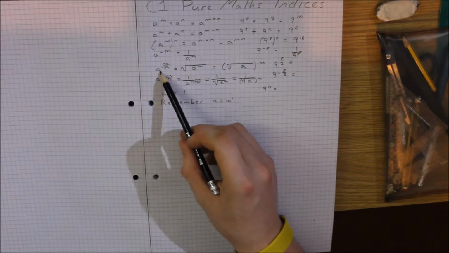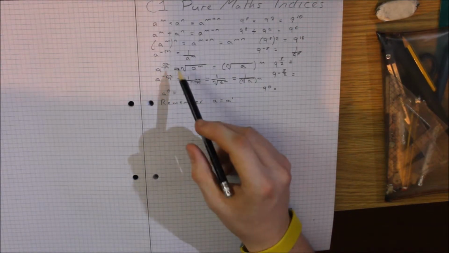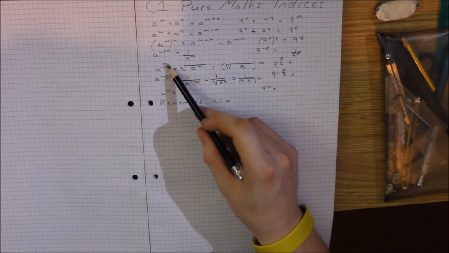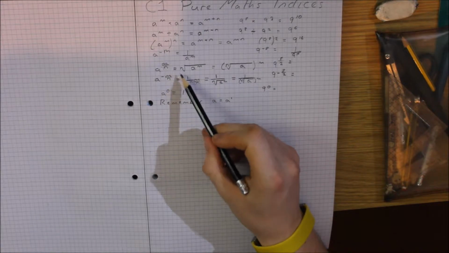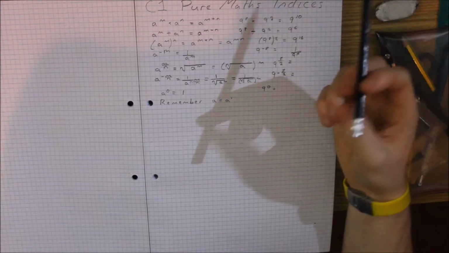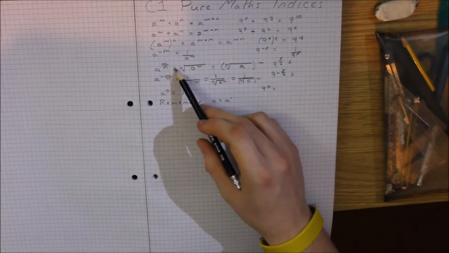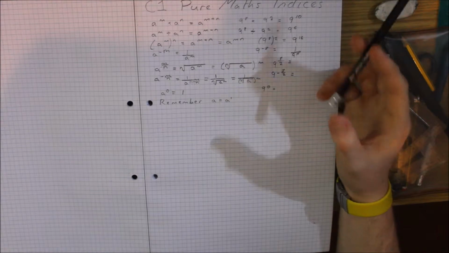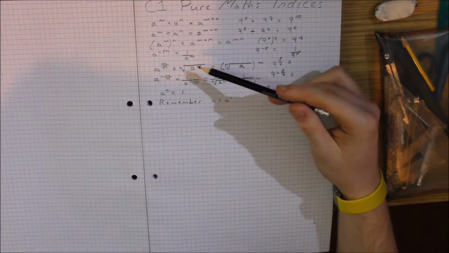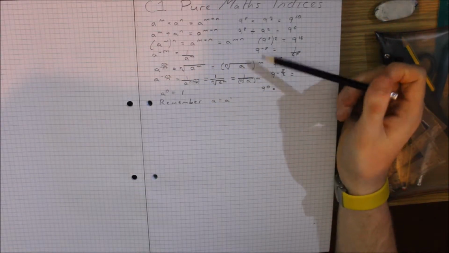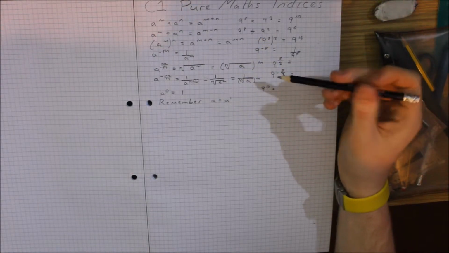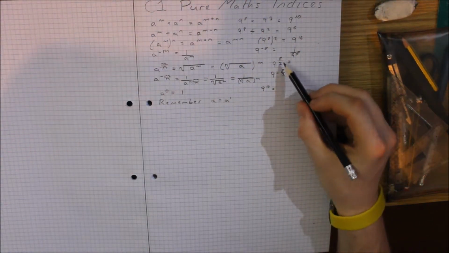The next one, a to the power of m over n. My teacher always told me to remember this as: flour the power and root the root. So n in this case would be the root, what you root with, and m would be the power. So it's the nth root of a to the power of m, which can also be written as the nth root of a, all to the power of m.